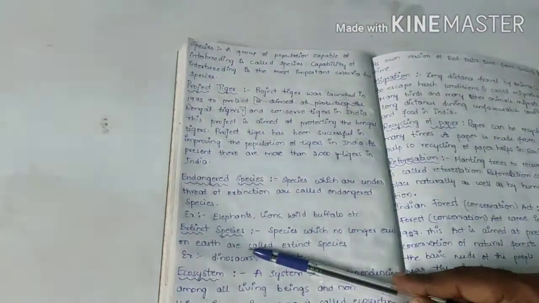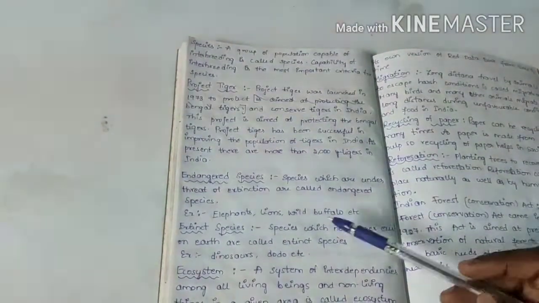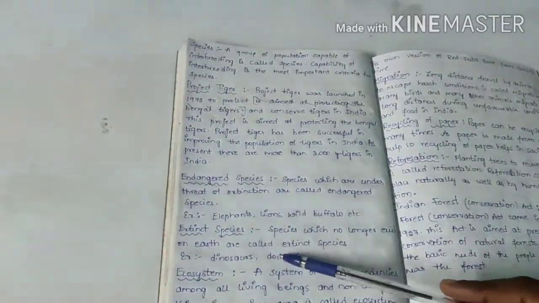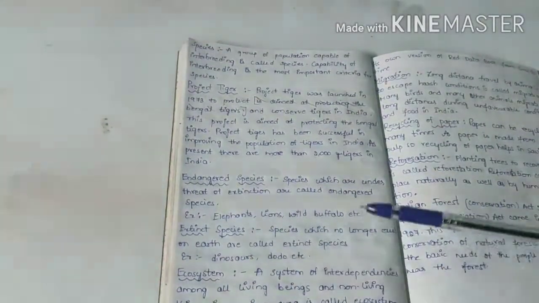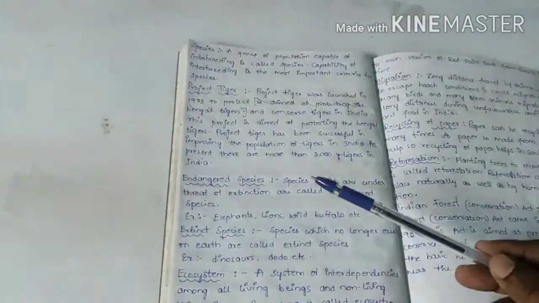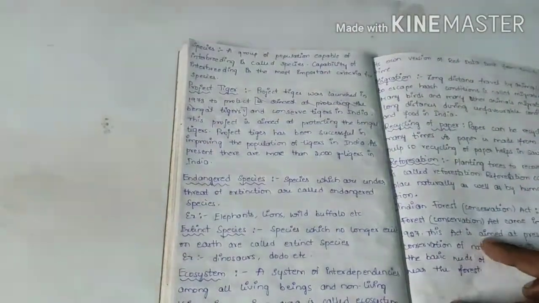Coming to extinct species, they already faced extinction and now they do not exist on this earth. Such species are known as extinct species. Examples of extinct species are dinosaurs. Examples of endangered species are elephants, lions, wild buffalo, etc.